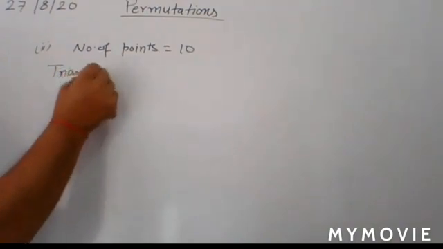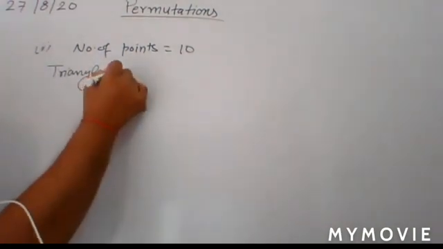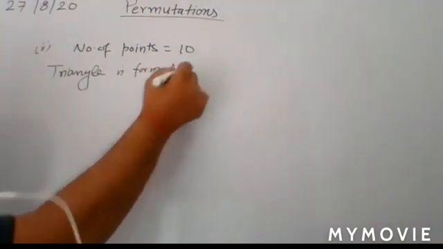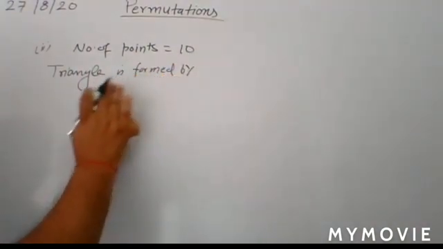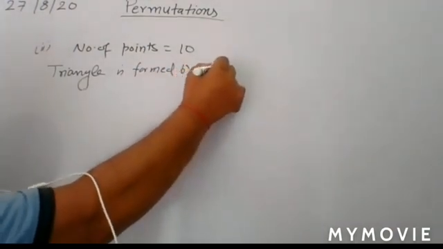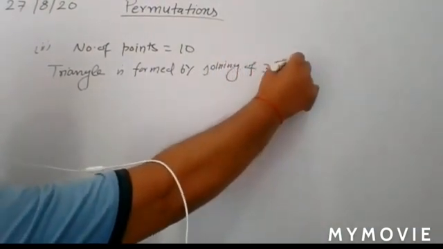Sir, 120. Yes, 120. No, not 120, beta. A triangle is formed. Sir, it is 10C3, equals 120. Just wait. A triangle is formed by joining 3 vertices.